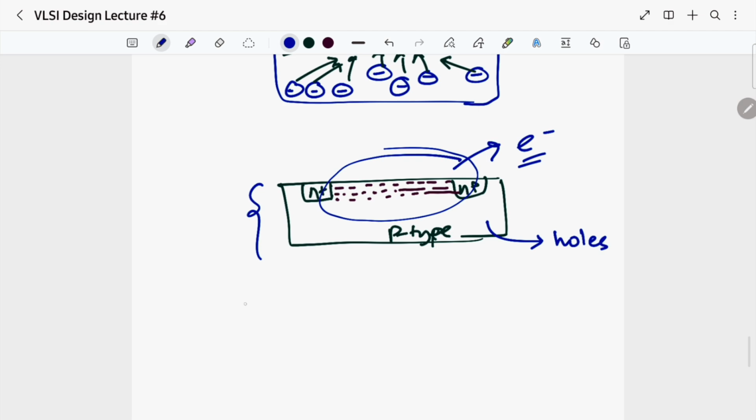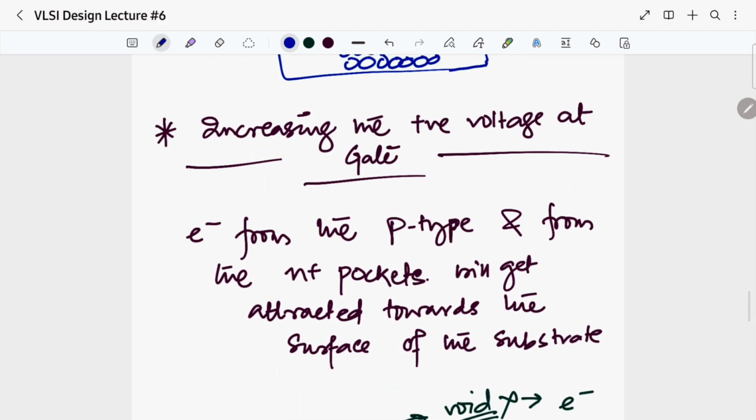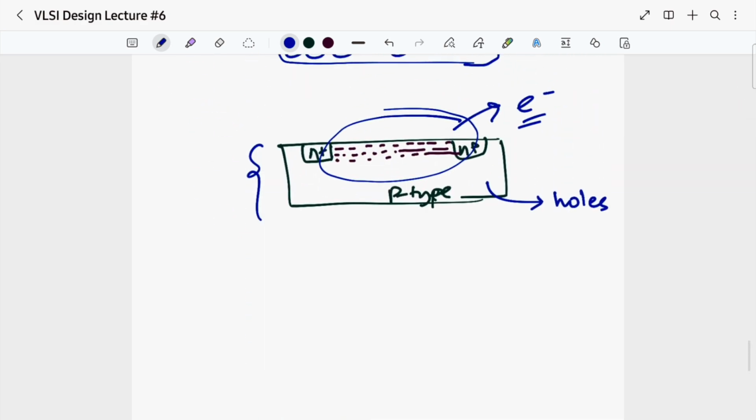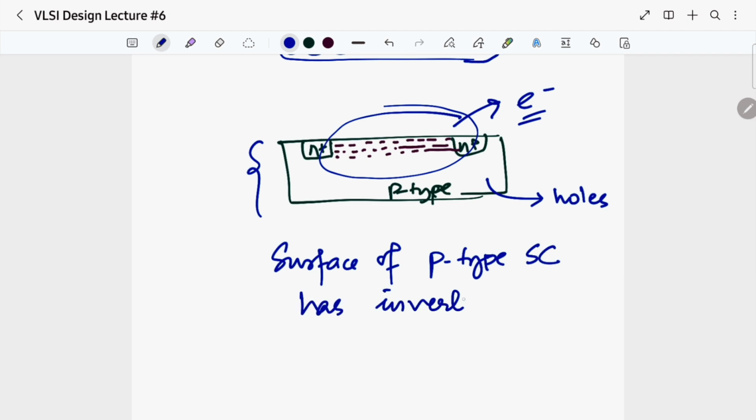Majority should have been holes, but my surface is having electrons. So that means what? By keeping on increasing our positive voltage at gate, what has happened? The surface of the p-type semiconductor has inverted. It's against its nature, right? The surface has inverted. So instead of having holes, it is now giving you electrons.